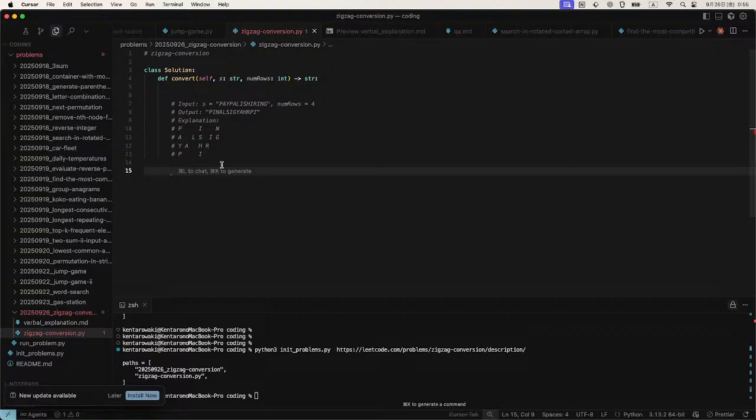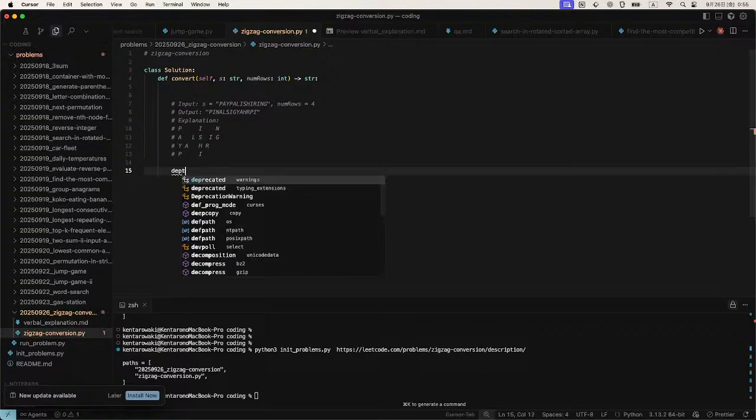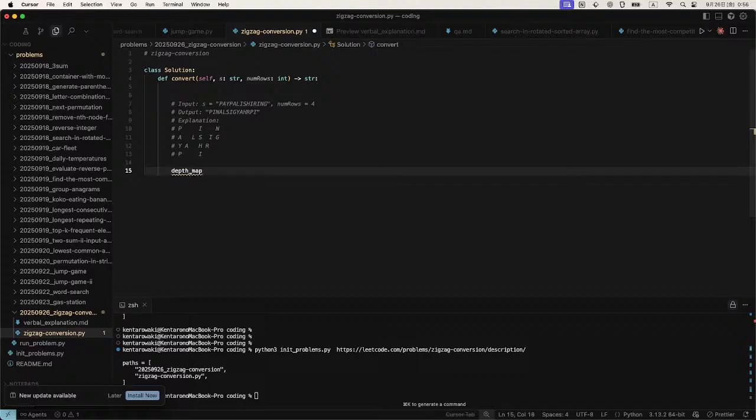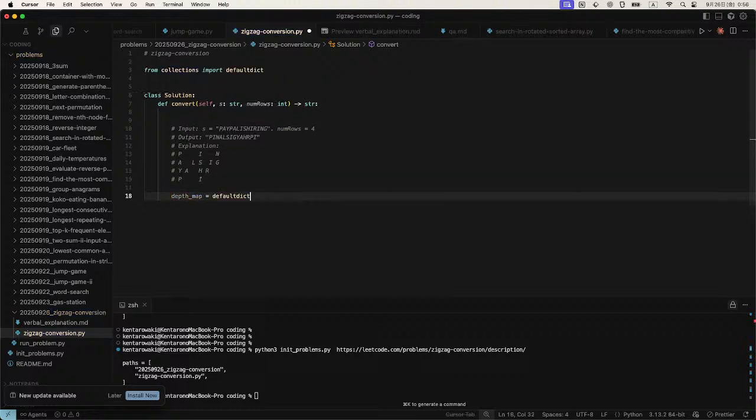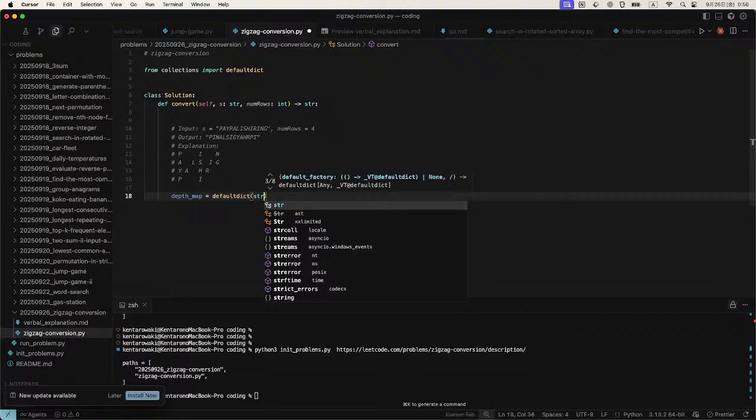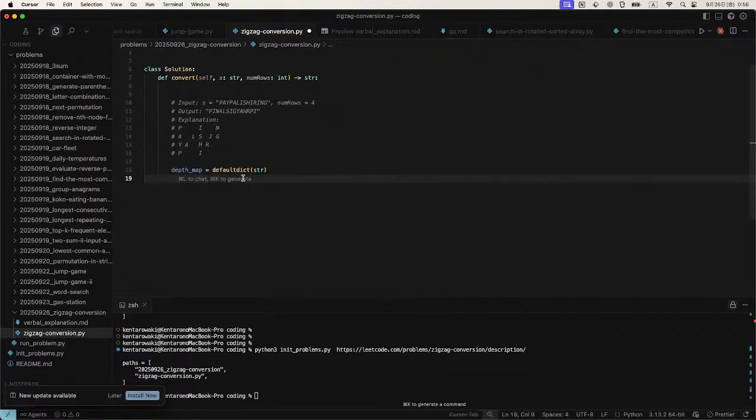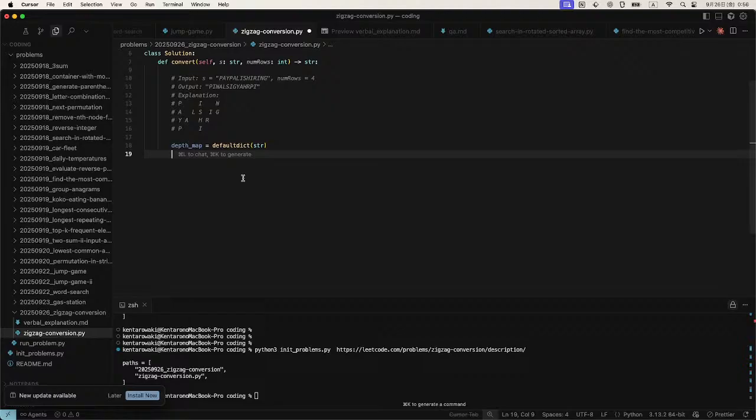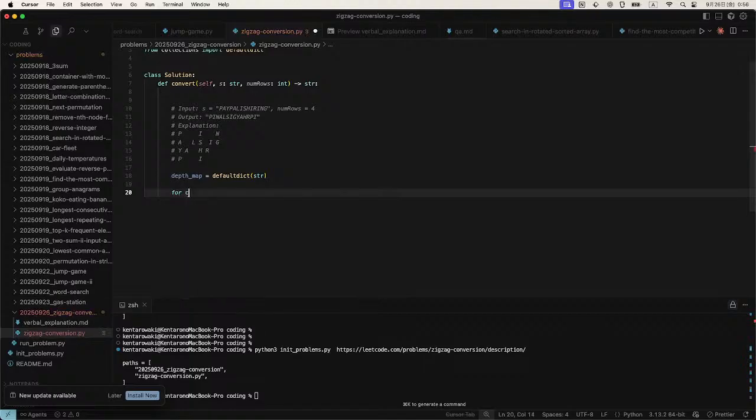So I think string, and iterate through S, and we should manage the depth.